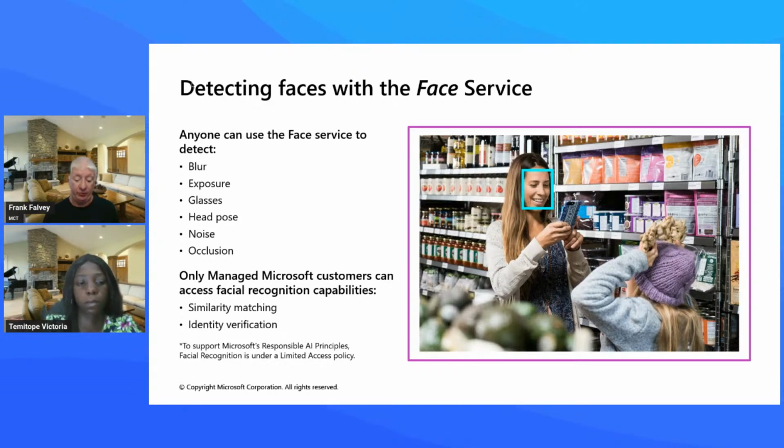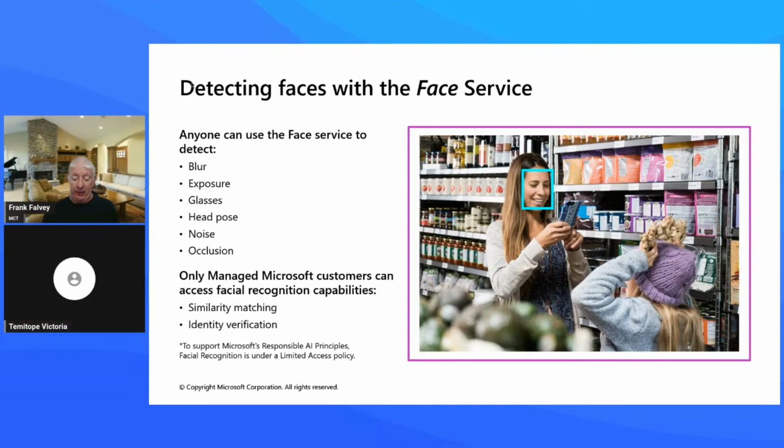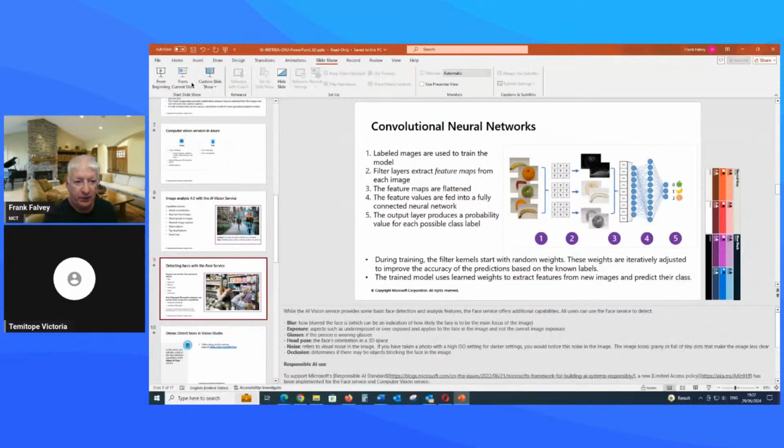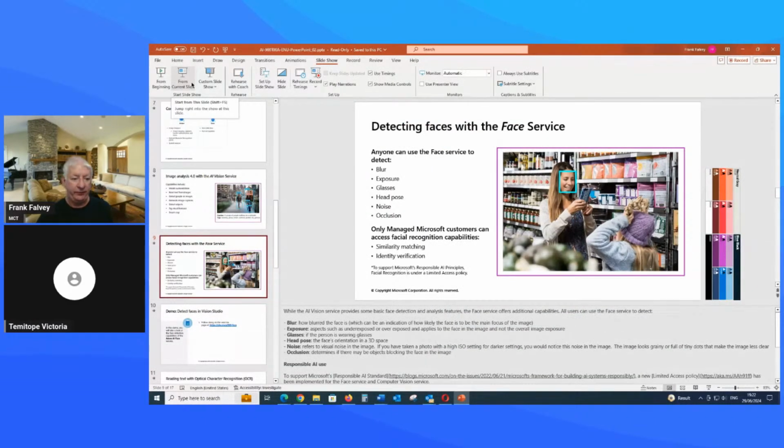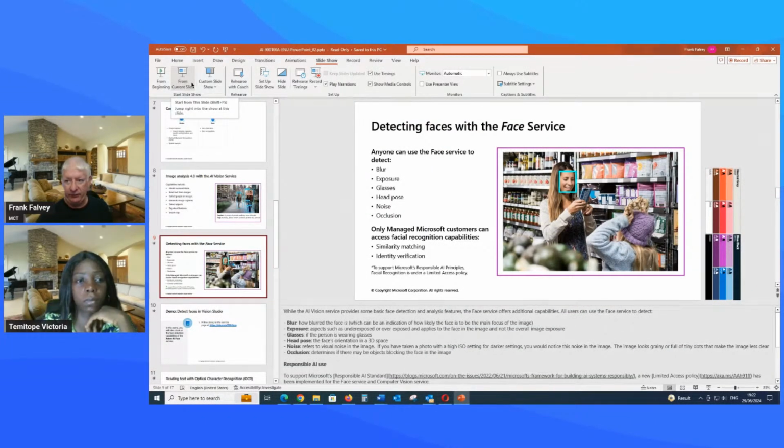It would be a kind of disruption in the picture. The image looks grainy or full of tiny dots, and they make the image less clear. Occlusion determines if any objects are blocking the face in the image. So that's that stuff there. I'll pick up on the rest of it next week, but I just wanted to show people, if they wanted to use this kind of face service stuff.